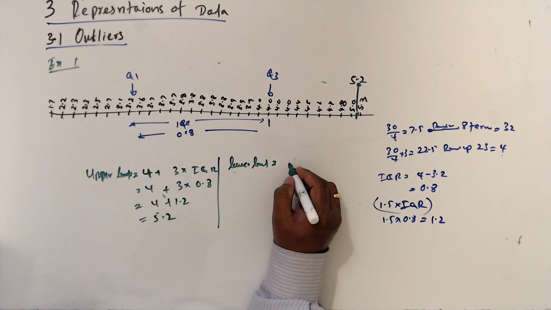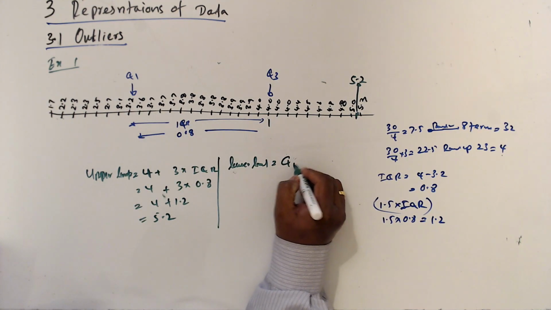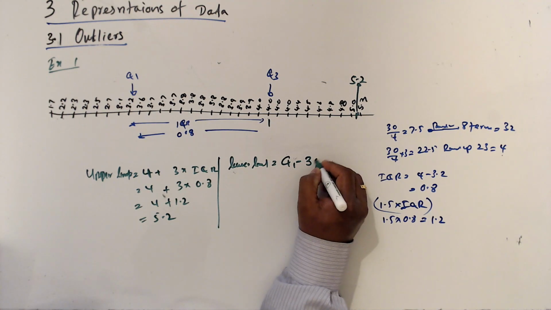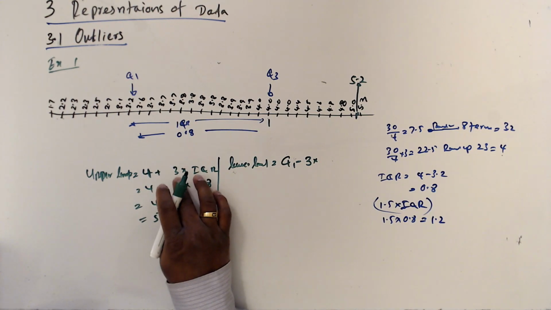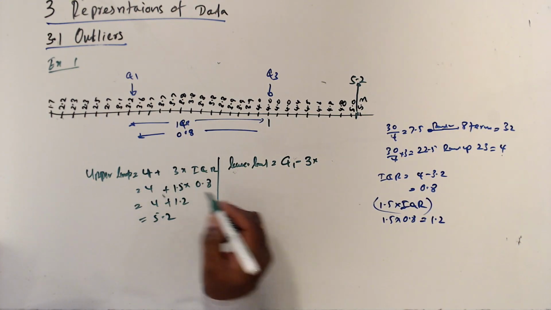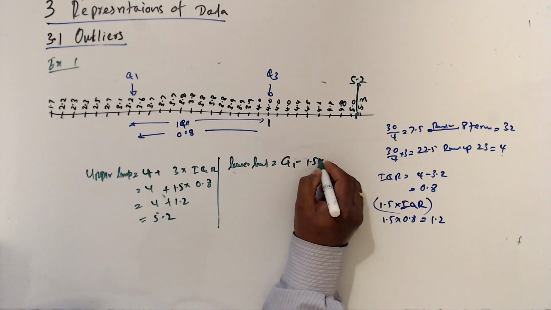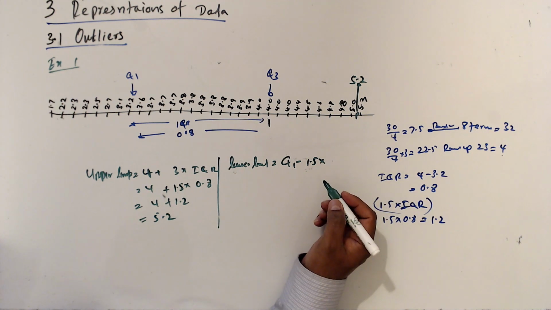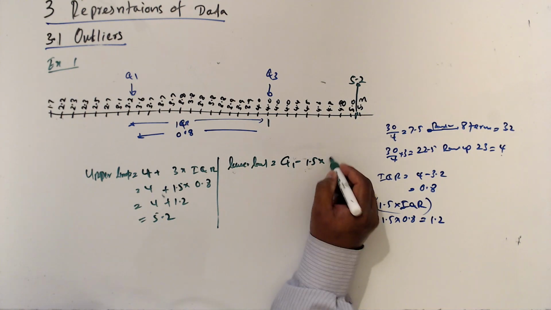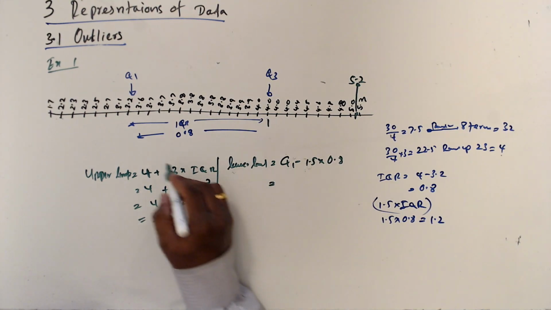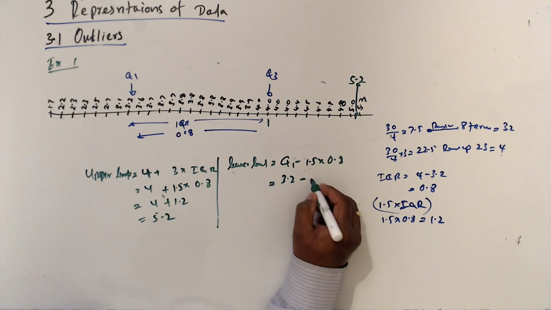So that is going to be the lower boundary. First Q1 minus 1.5 times this one. This is 1.2. Not 3 times, 1.5 times. 1.5 times the interquartile range, that is 0.8. So Q1 value is 3.2 minus 1.2.